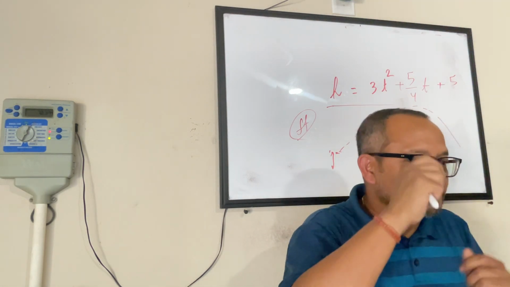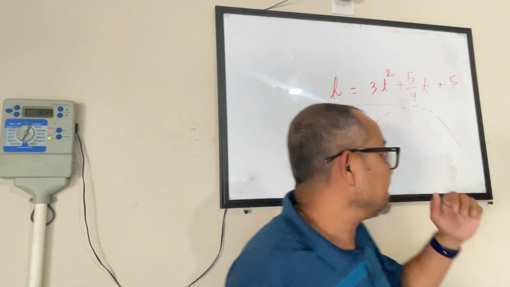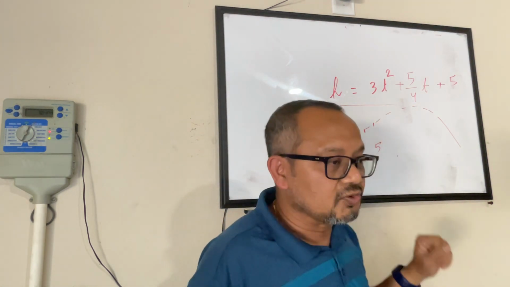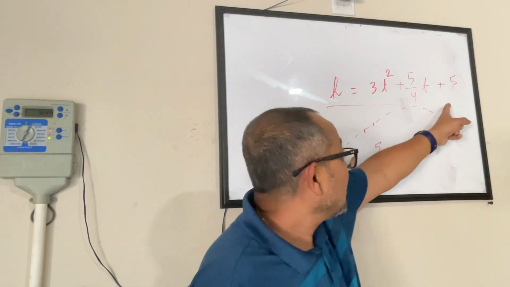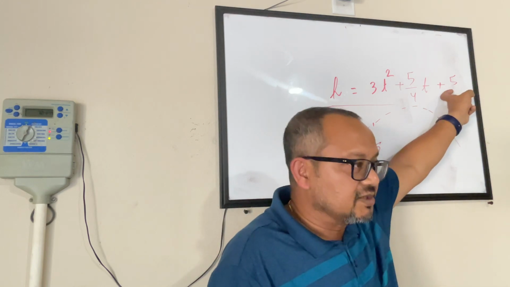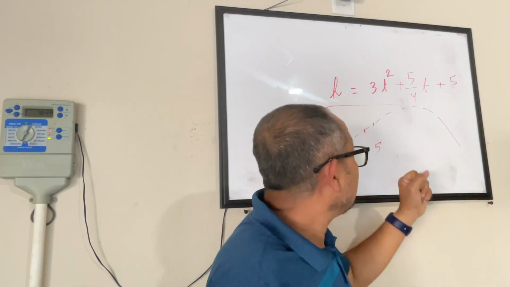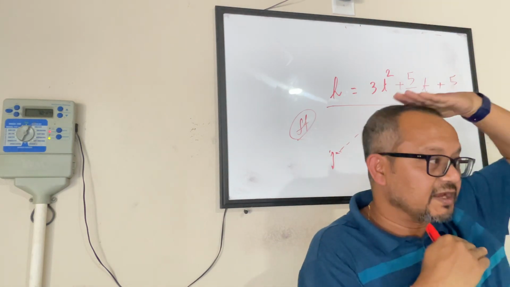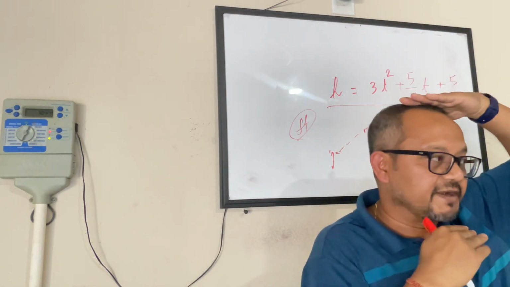So I added some more spice to the question, okay? I said, this is the equation which tells what will be the height of the stone from the ground after any number of seconds or time elapsed. And I'm keeping the stone 5 inches below the top of my head.